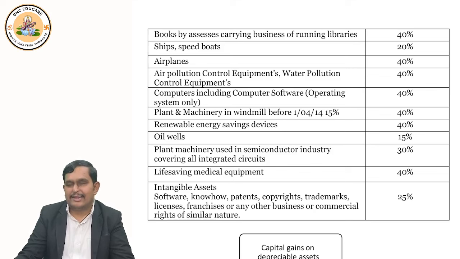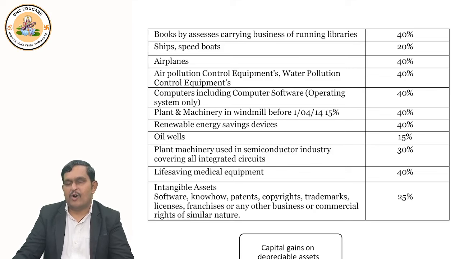Recently in the budget, you would have heard that 500 crores are allocated for AI in education. Why? Because government understands the importance of it. So semiconductor chips in circuits, how much? 30% is the rate of depreciation.